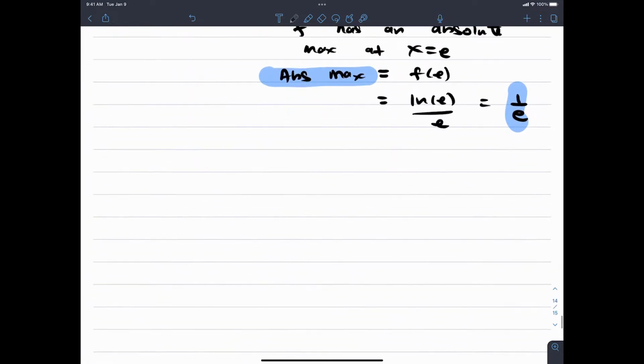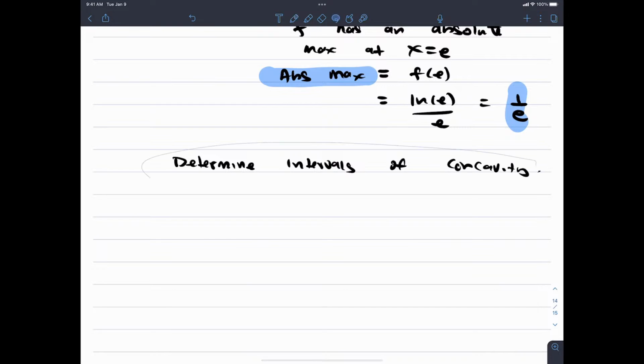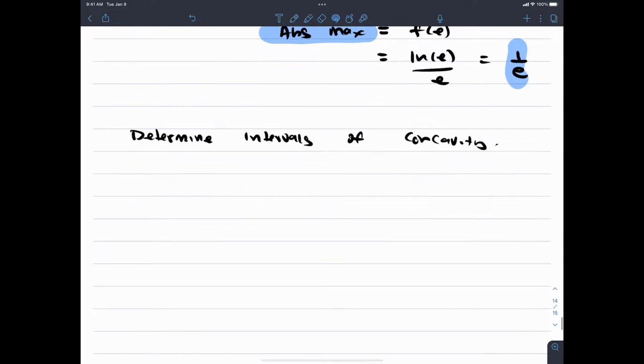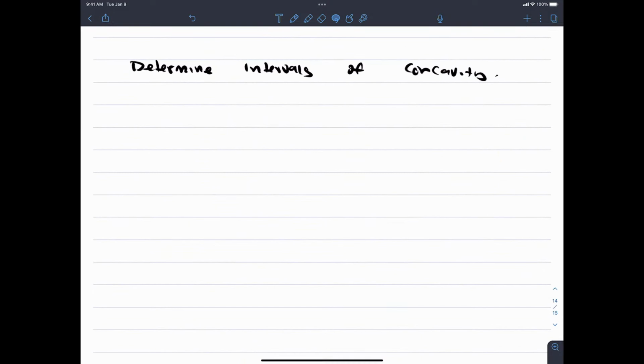Anyway, how about this? Have you guys tried some just for fun? How about if I ask you guys this question? Determine the intervals of concavity. And you go, well, what is that? Here's your function.